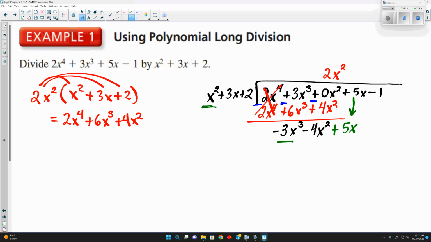And again, I said we started over 3 terms, yes? So we started over and got this here. What's the next spot after the x squared? x, isn't it? So x times x squared would give me x to the 3rd. Y'all kind of see how that works? x squared, x, they'll be decreasing in power. If not, that's fine. Because x squared times negative 3x would give us negative 3x cubed.